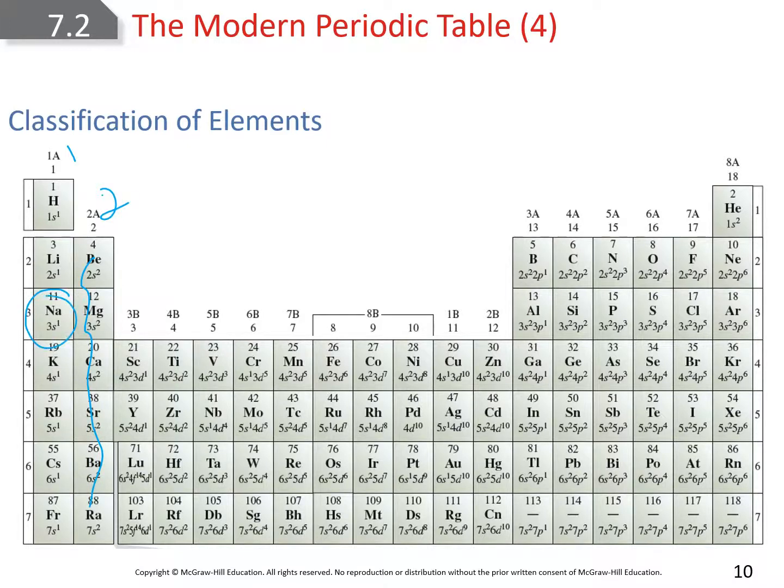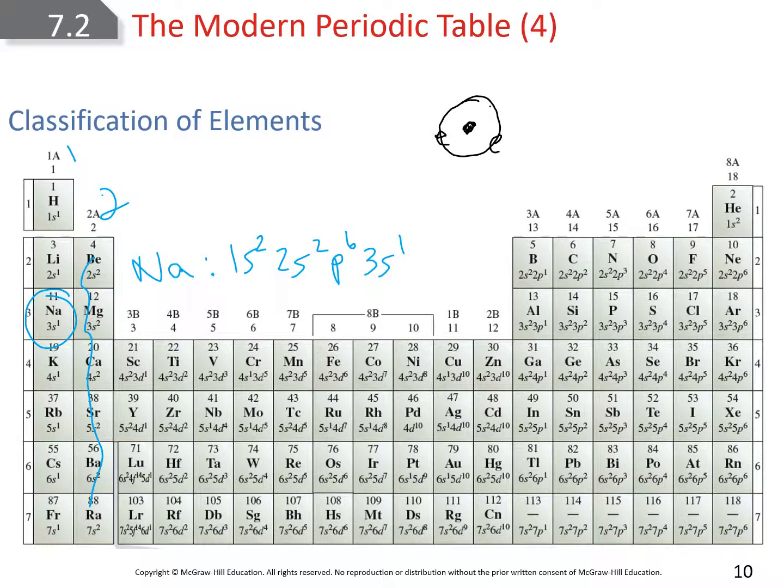If I look at sodium and I want to draw sodium, remember from last lecture, sodium's electron configuration is 1s2, 2s2, 2p6, 3s1. So what that looks like is, here's my nucleus. The first s, which is 1s2, has 2 electrons.